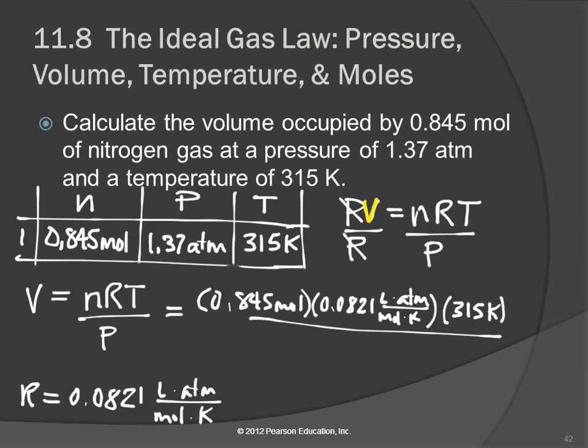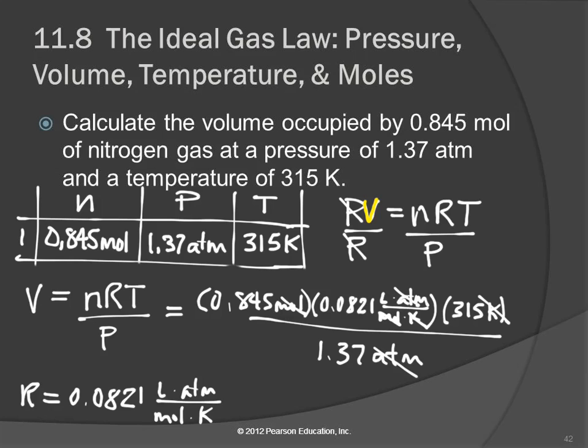All of that divided by 1.37 atmospheres. Now look what happens with the units. Moles cancel moles. Kelvin cancels Kelvin. Atmospheres cancel atmospheres. We're left with liters, which is a great unit for volume.